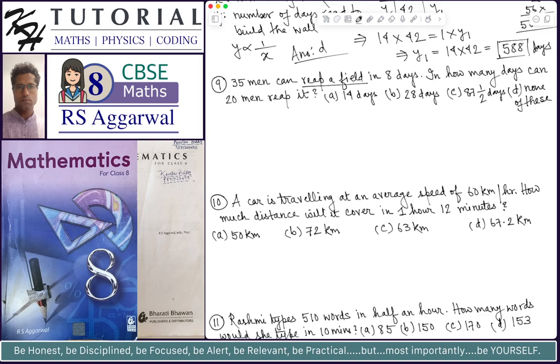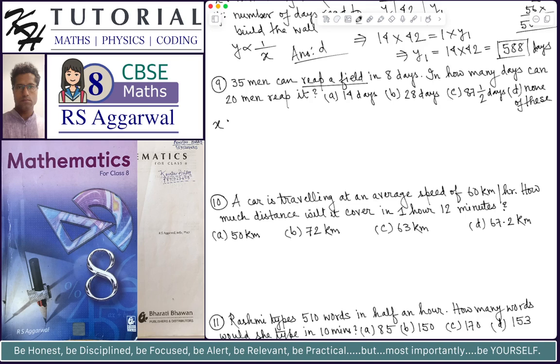Now the field must have some area, that is some length and breadth. So depending on the area, since it is the same field, the area is same, you can say that the amount of work is same. So if the amount of work is constant, we know that the number of men doing that work and the number of days required to do that work are inversely proportional to each other.